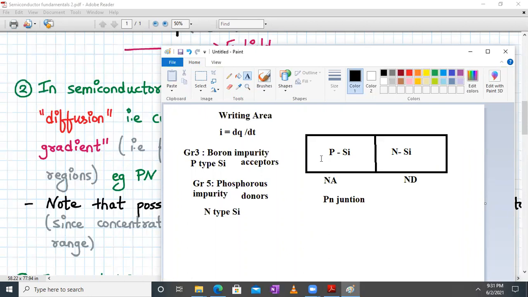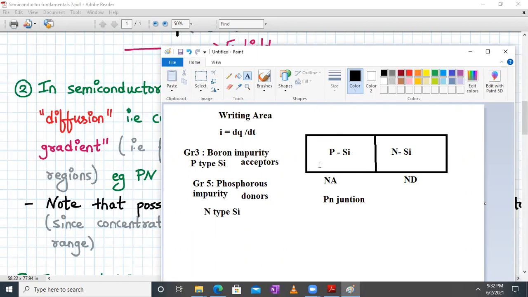We have a large concentration difference when you go from p silicon to n silicon, and we are concentrating on the holes. The hole concentration is very high in the p silicon and very low in the n silicon. Electron concentration is very high in the n-type silicon material and very low in the p-type silicon material.